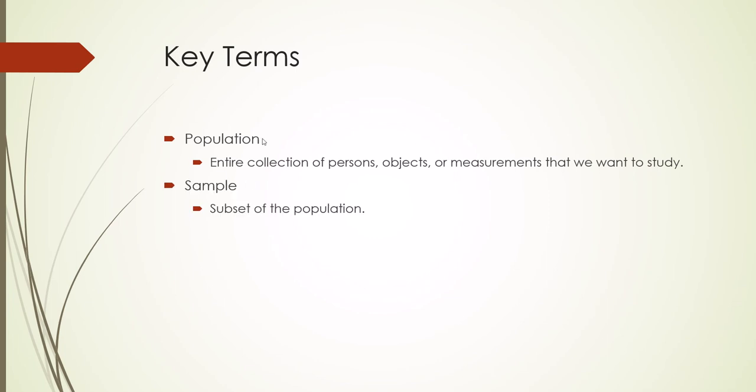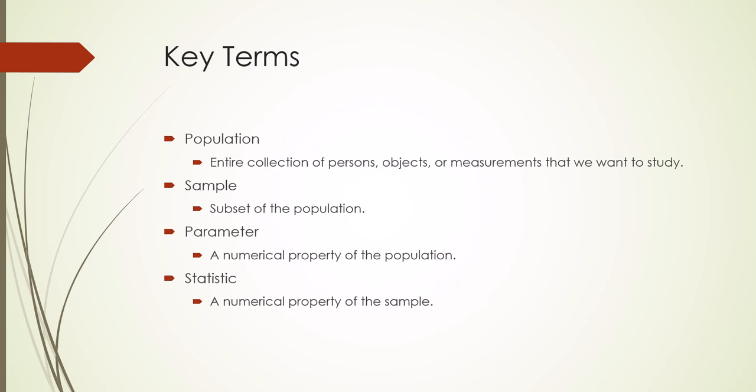Usually, studying the whole population is difficult, and we select a subset of the population, which we call sample. And a parameter is a numerical property of the population. For example, the mean of the population is a parameter, whereas statistic is a numerical property of the sample.